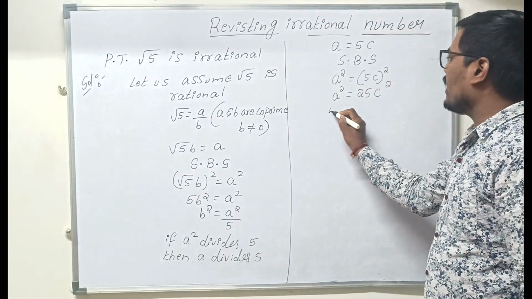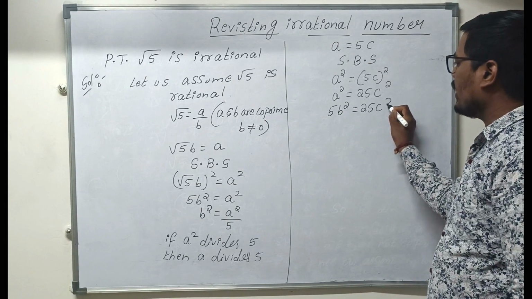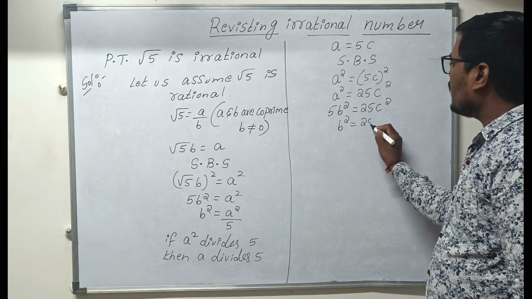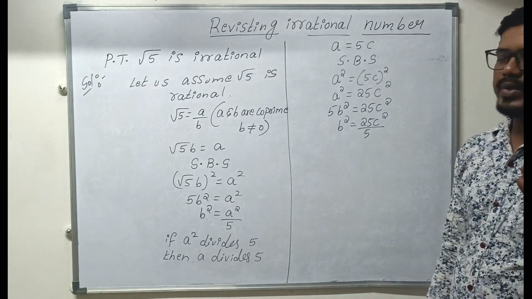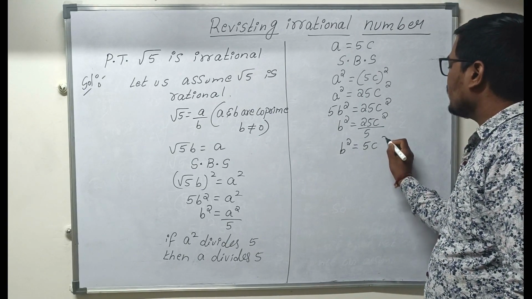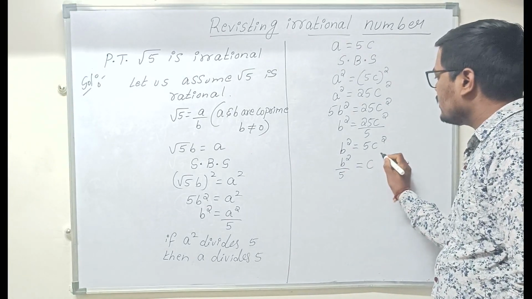So, in place of a square, I substitute 5b square equals 25c square. I will get b square equals 25c square by 5. Now we get b square equals 5c square.